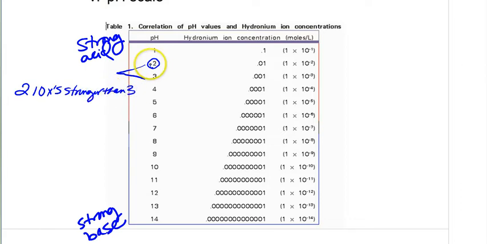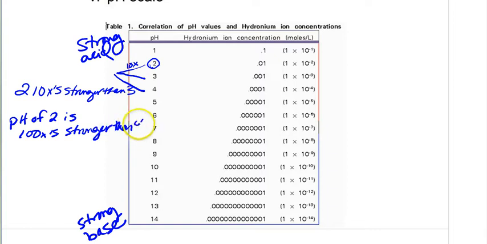And then if you compare 2 to 4, so this is 10 times. When you compare 2 to 4, that's now going to be 10 times 10, so that would be 100 times stronger. So a pH of 2 is 100 times stronger than 4.